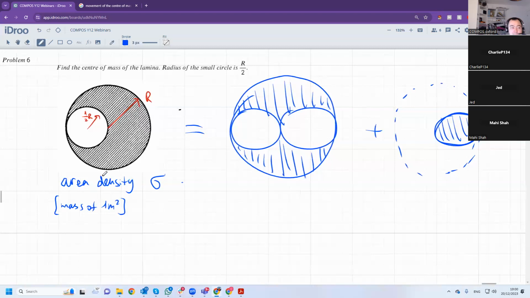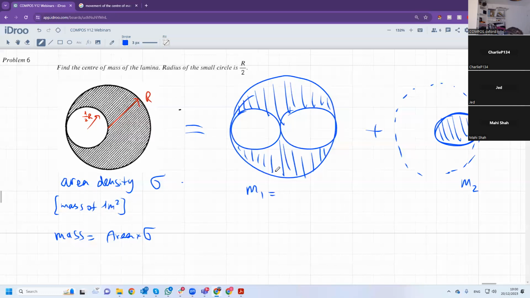So the mass is area multiplied by sigma. That's something we're going to use. So the mass of this one we call M1, and we call this M2.